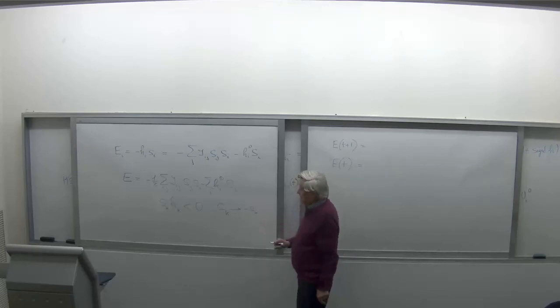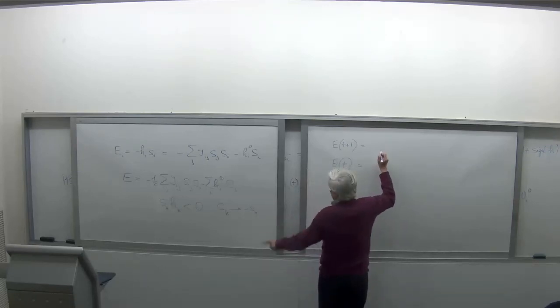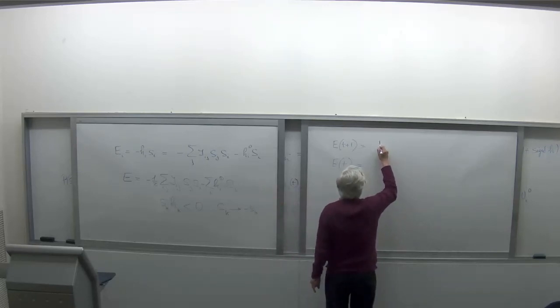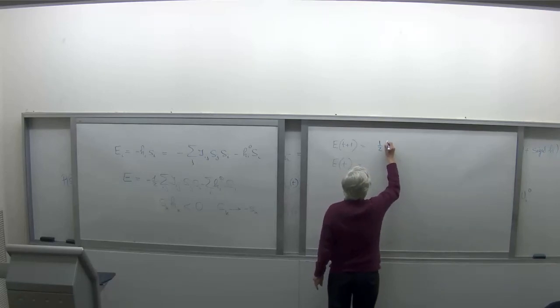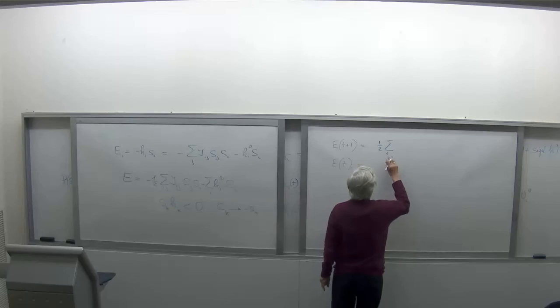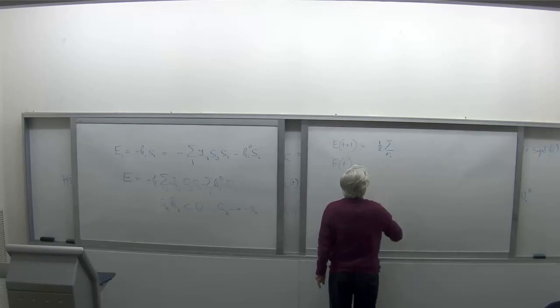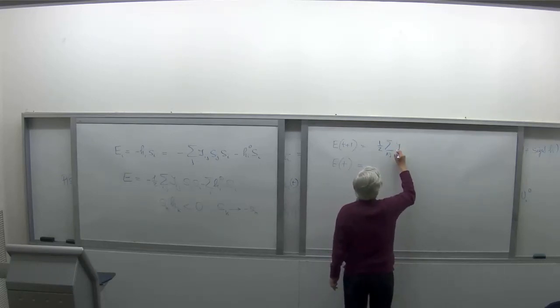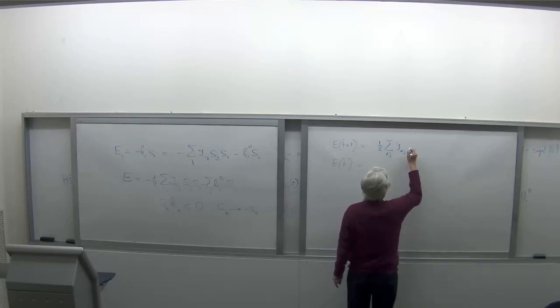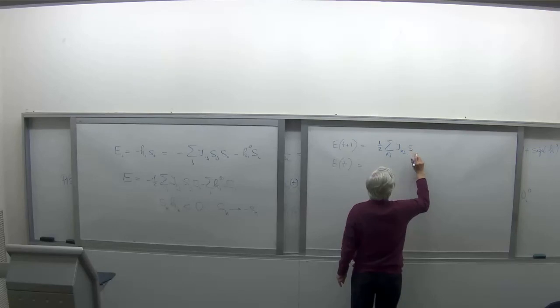And therefore, there will be a plus sign there, and there will be a sum over, say, I, j, of the terms with s_k, s_j.